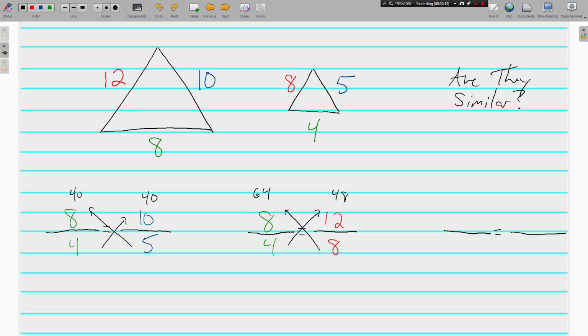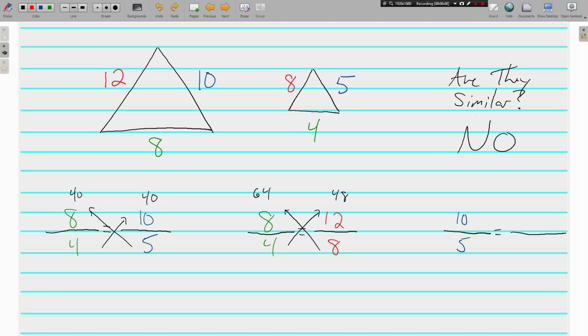So these corresponding sides, these pairs, they are not proportional. So already we know that the triangles are not similar, because all the pairs of corresponding sides have to be proportional for the figures to be similar. I'm going to go ahead and double check with the blue and the red side.